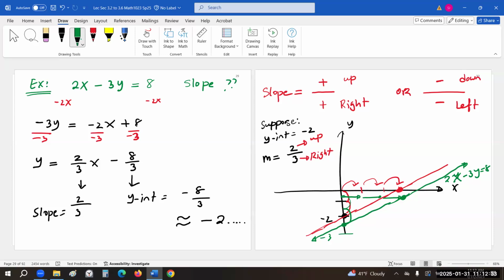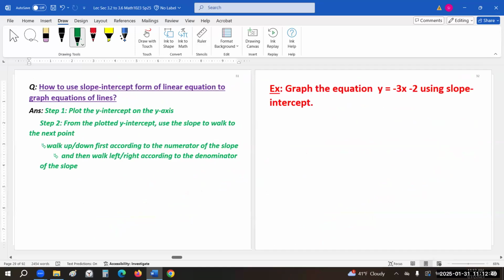Then once you go up or down, you go left or right depending on the sign on the bottom. If the bottom is plus, you go right. If the bottom is minus, you go left. I walked forward, but you can also walk backward. I'm going to tell you that a little bit later. But for now, let's do one more example. Graph this using slope and intercept.